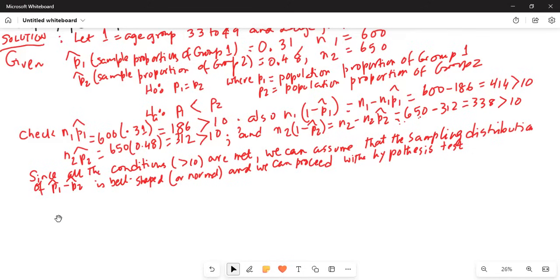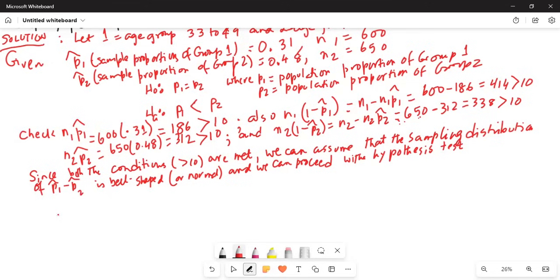So what do we now calculate? We will now calculate PC hat. Both conditions are met, it is bell-shaped.